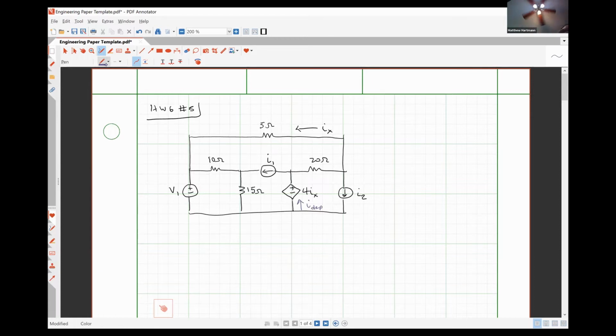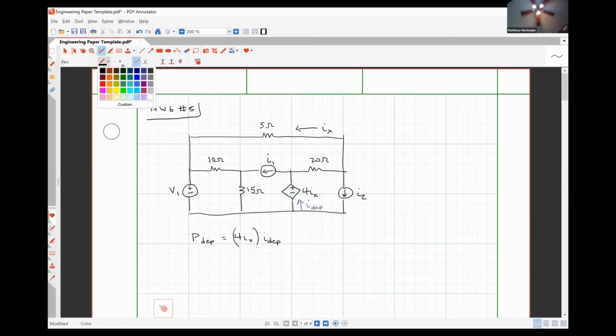And we know that the power supplied by the dependent source is going to be the voltage drop over the dependent source, which is 4ix, multiplied by the current flowing into the negative polarity terminal, which is the current that I've labeled as I dependent, right? Yes. So the question then becomes, how do we express I dependent in terms of things that we know?